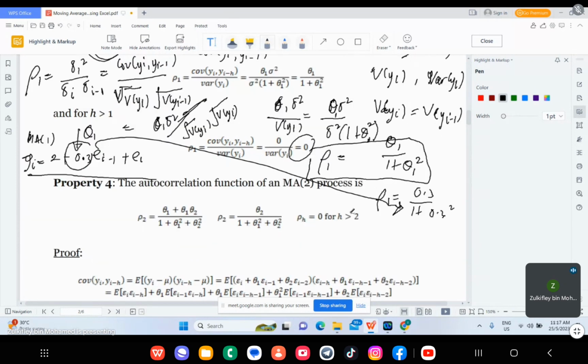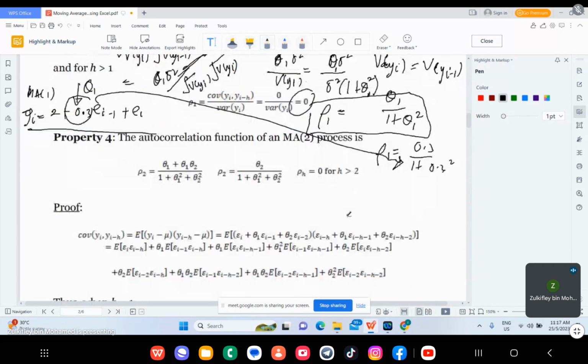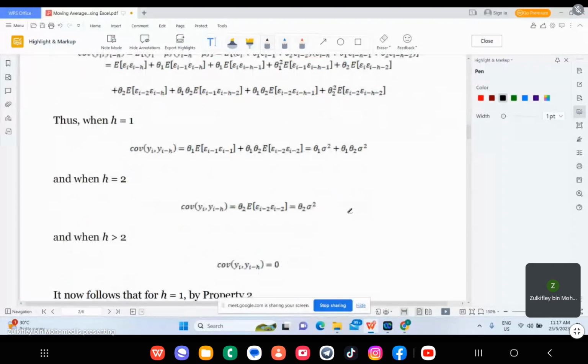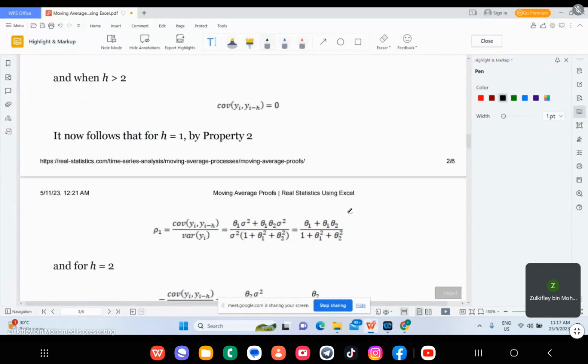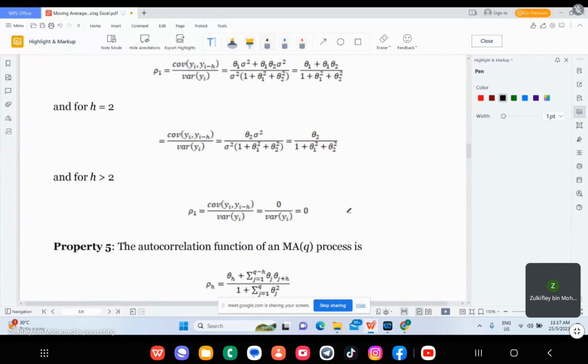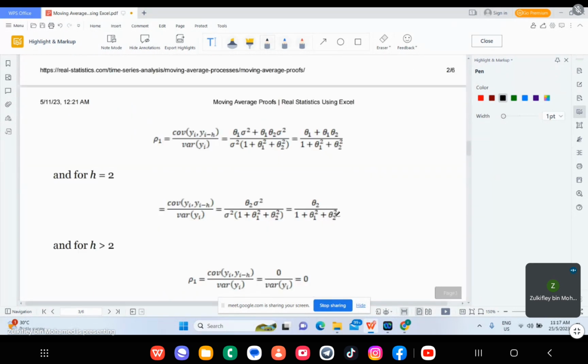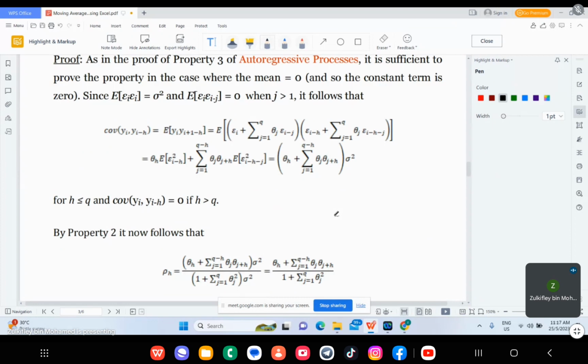Okay, now the second part is I want to prove for the MA2. Panjang lah nak prove ni, nak provekan MA2 ni.